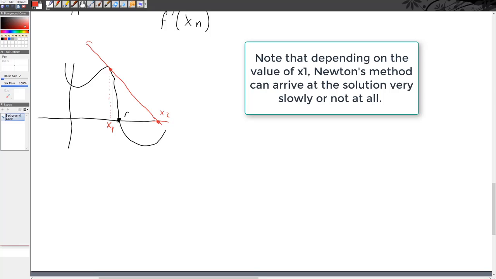And of course, if we continue to do this, we hit an x3 that's even further away from R. So when you do this, you do have to be careful about what value you choose as your x1.